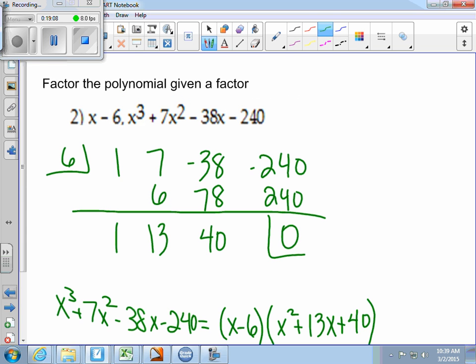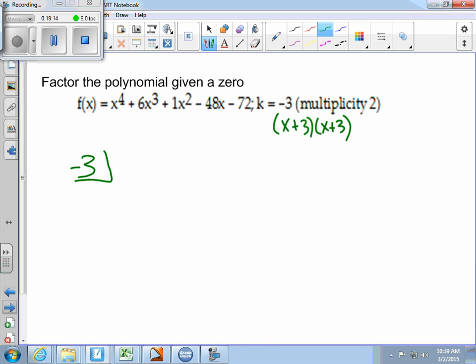If you're given a factor, you change the sign. If you're given a zero, then the factor is x plus 3, and the sign is already changed. So be careful about that. Star that in your notes. Negative 3 goes in the box. Wait, it said given a factor, don't just sign given a zero. No. So are we going to divide this the second time? Yeah.